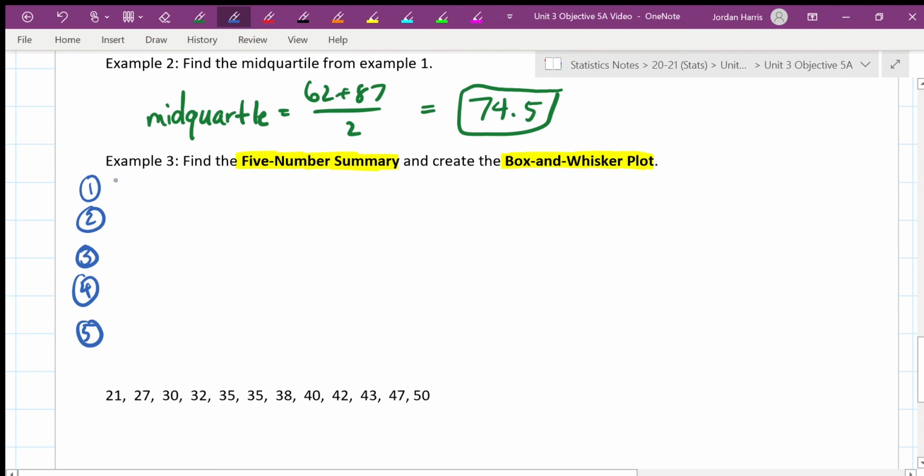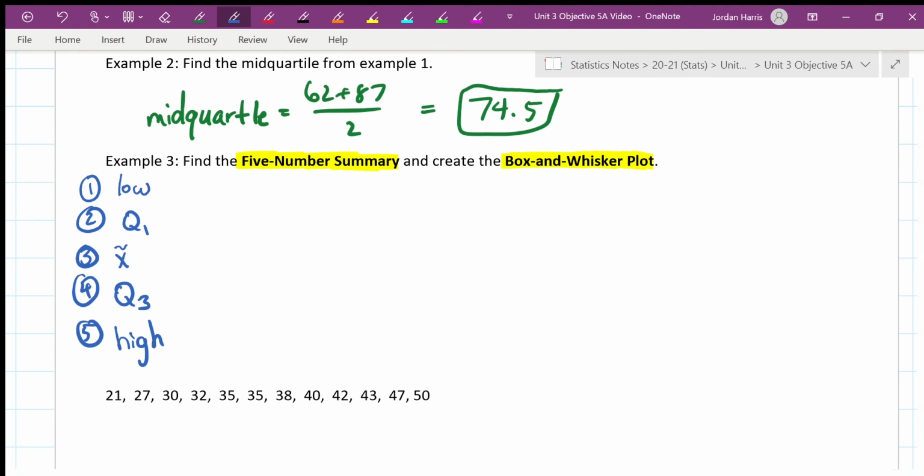You always use the lowest, the quartile 1, the median, which remember that is quartile 2, and quartile 3. I'll actually erase that and just leave it the median, and then the highest. Okay, so really you use the lowest, the highest, and the quartiles to create your 5-number summary.